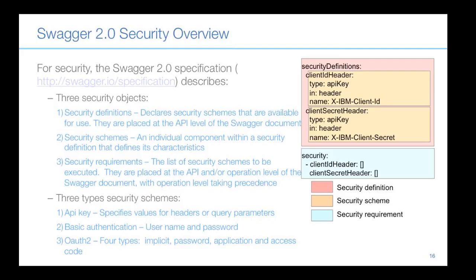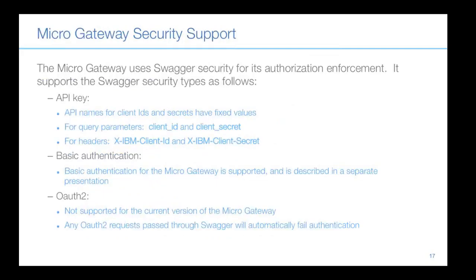The example on the right uses headers. The second kind of security scheme is basic authentication, which is username and password. The third type is OAuth, and there are four types that Swagger defines: implicit, password, application, and access code. So next slide.